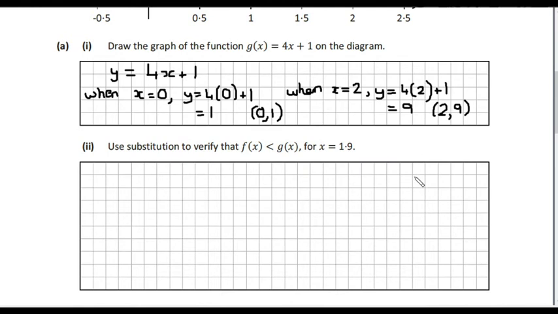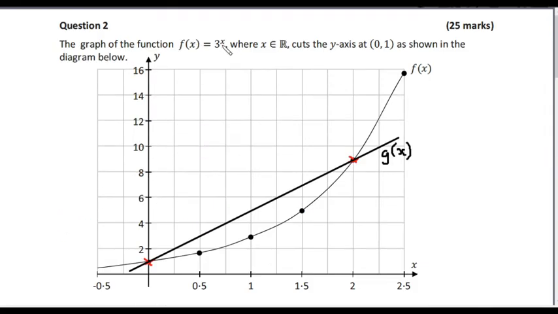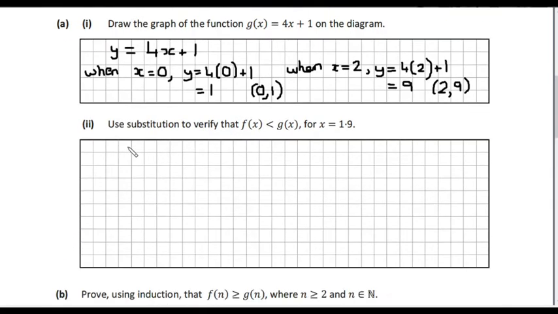Now A part 2 says use substitution to verify that f of x is less than g of x for x equal to 1.9. Well, f of x here is 3 to the x. And we know as well that g of x is, there's that function we had a second ago, 4x plus 1.